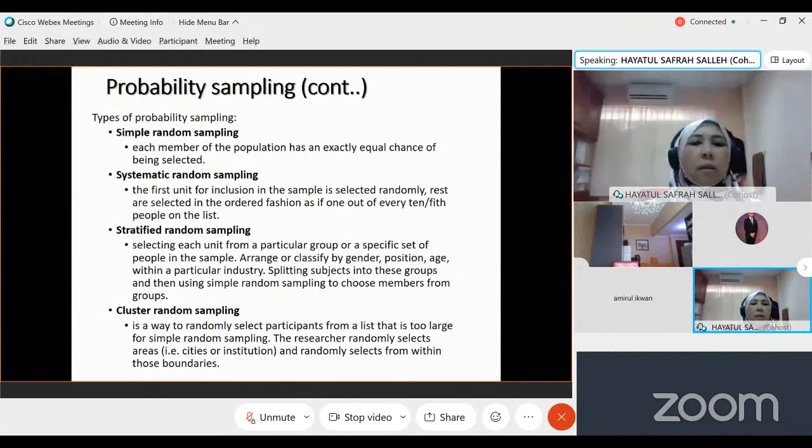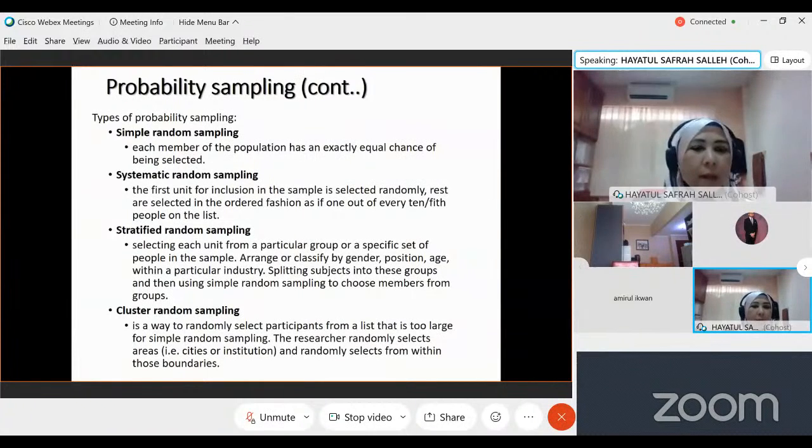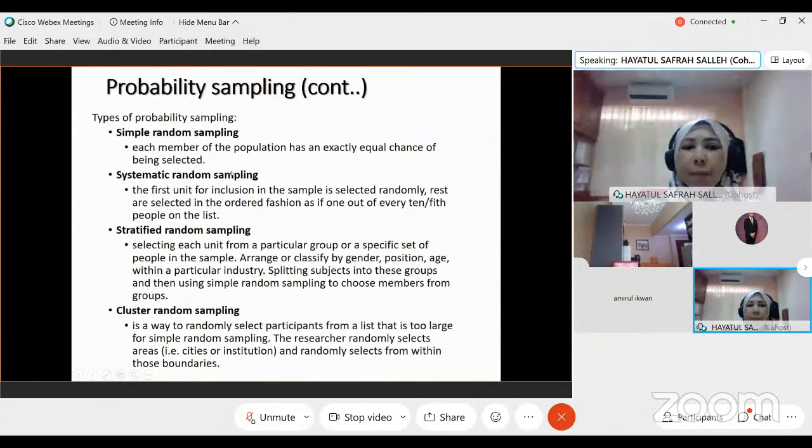But today I will discuss only these four commonly used types. Number 1 is simple random sampling.